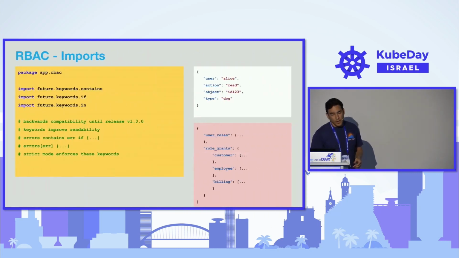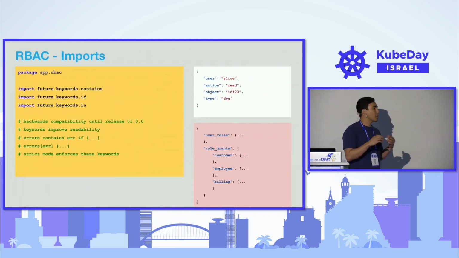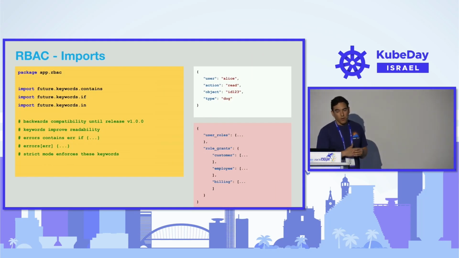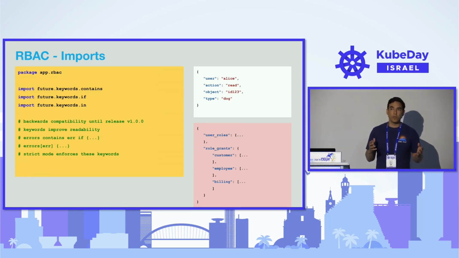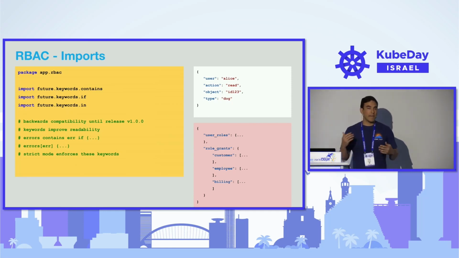right? And then next up, we have this word called import. And so with import, what we're doing is we are protecting backwards compatibility. This is very important when you're dealing with policies and you want to know that what you're doing is not going to break what already exists, because breaking things that exist with a policy could have catastrophic effects.